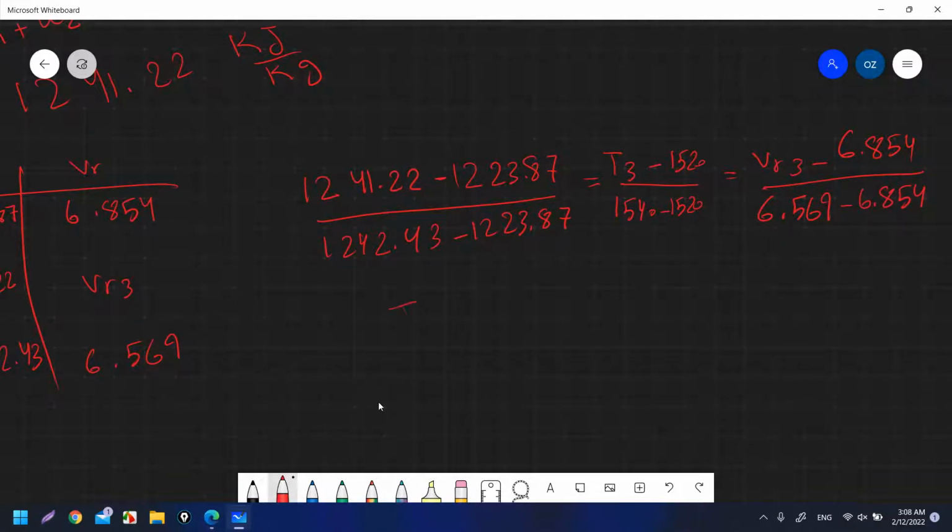This will give you T3 equal to 1538.696 Kelvin, and VR3 equals 6.588.